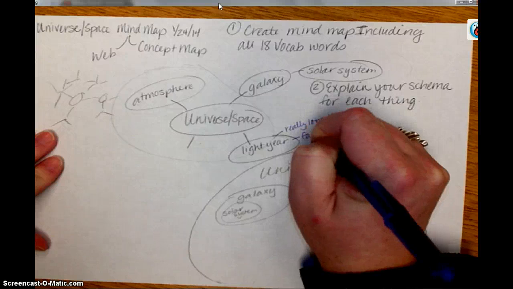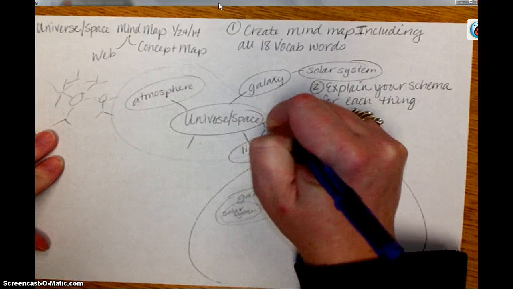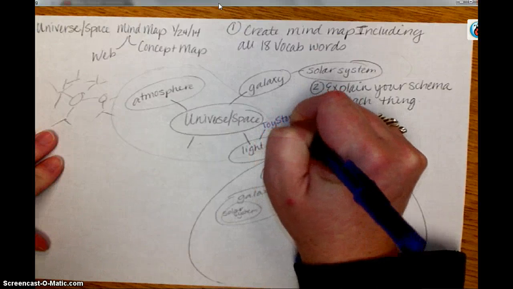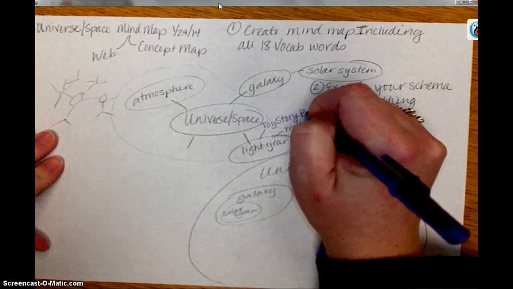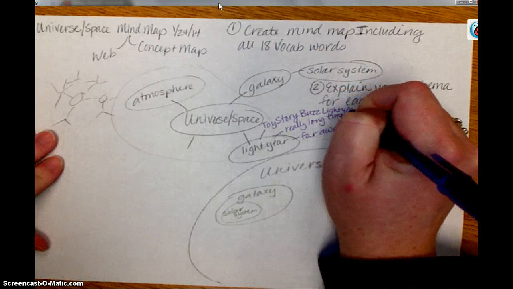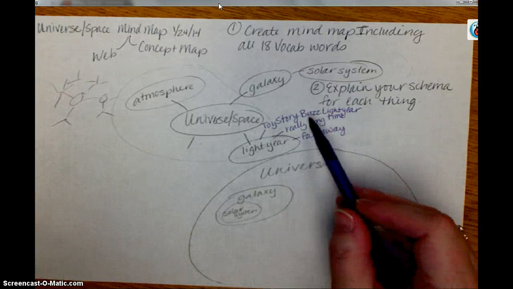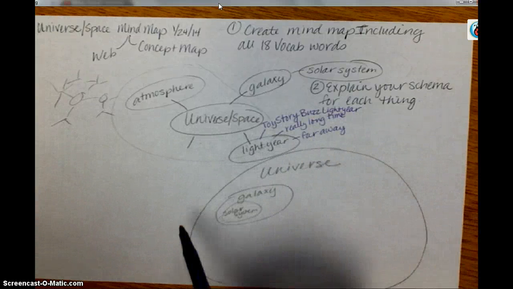Okay, I think of things far away. I also think about Toy Story with Buzz Lightyear. If you remember Toy Story and Buzz Lightyear, long time ago in a galaxy far, far away, okay, Buzz Lightyear, I think of that.